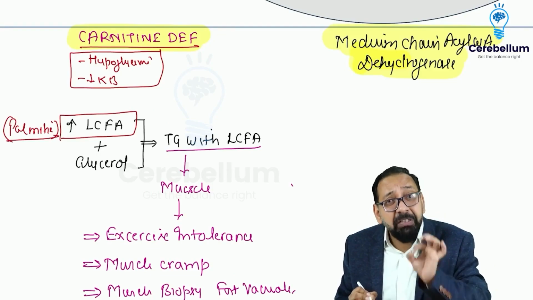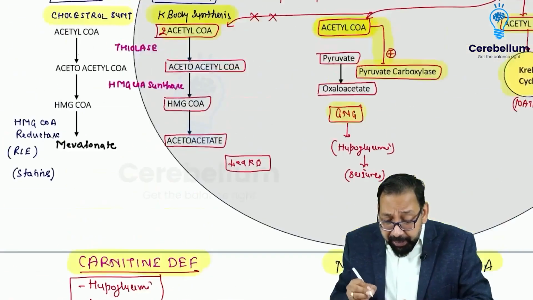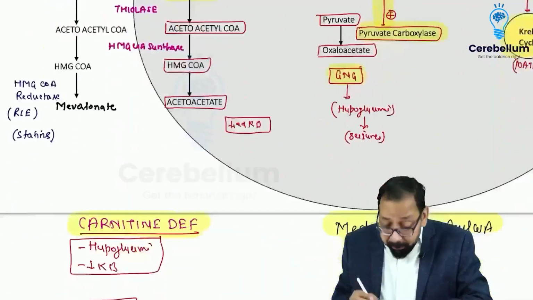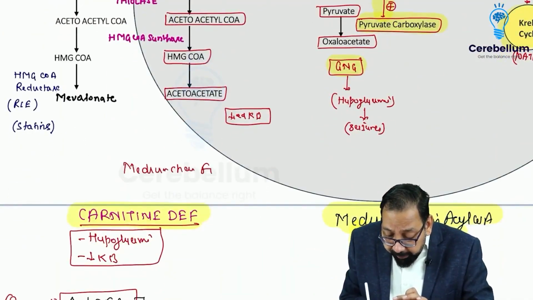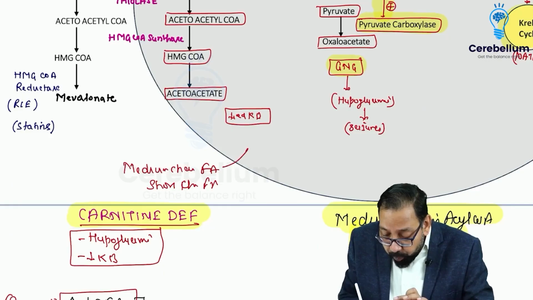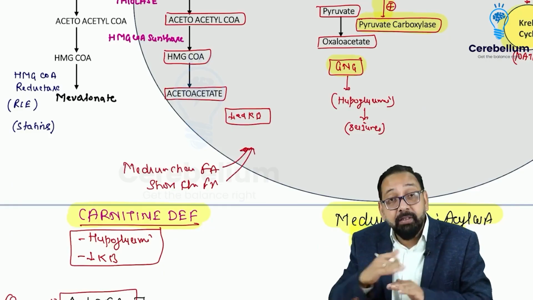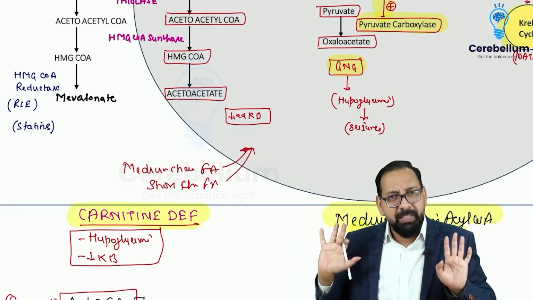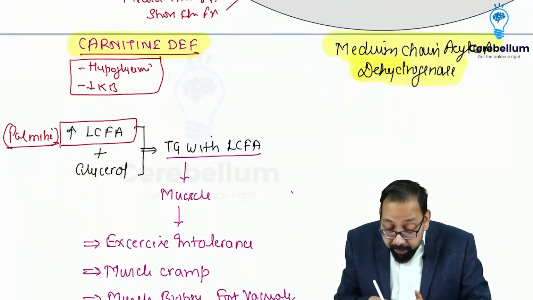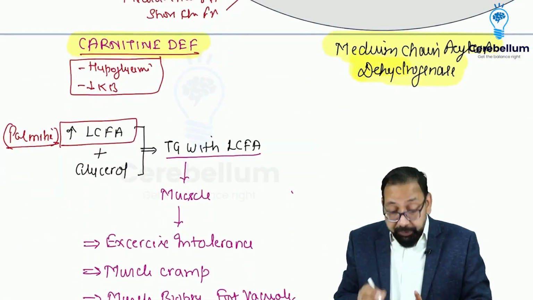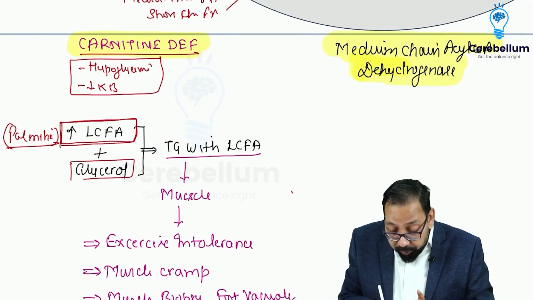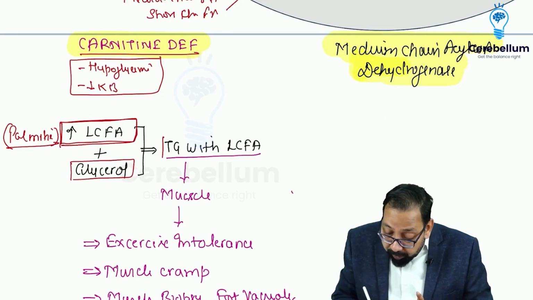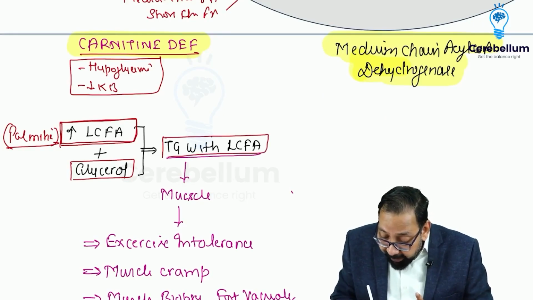This is a question: long chain fatty acid requires carnitine, but medium chain fatty acid and short chain fatty acid do not require carnitine to enter the mitochondria. They go in very easily. So we found that if carnitine is deficient, this long chain fatty acid will accumulate and bind to form triglyceride with long chain fatty acid.